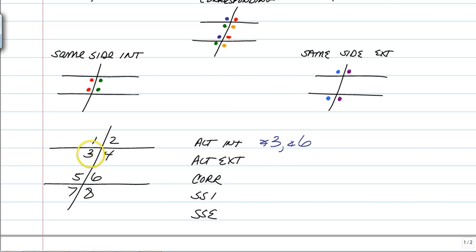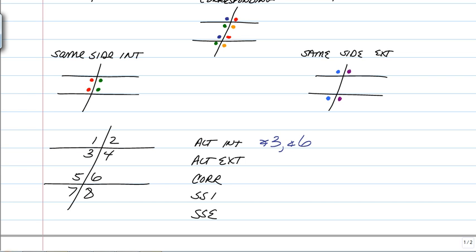Angle 3 is on the top line, left side of the transversal. Angle 6 is on the bottom line, right side of the transversal. So remember, they have to be on opposite lines and opposite sides of the transversal. So that's an example of alternate interior.